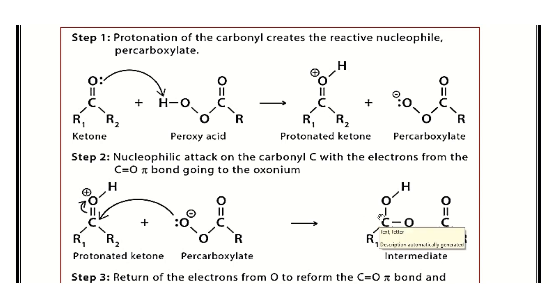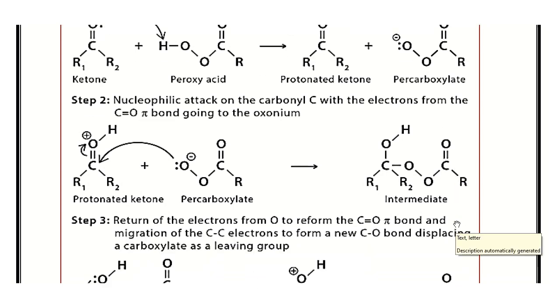You may observe that carbon and oxygen have the single bond. This is occurring because this bond has been broken in order to stabilize the positive charge on oxygen, and in addition this side has the percarboxylate chain.